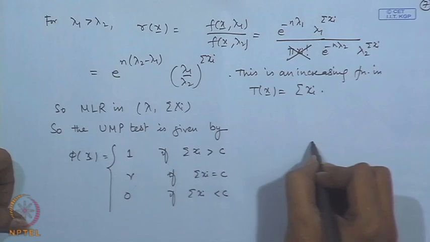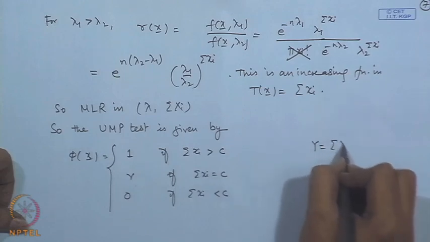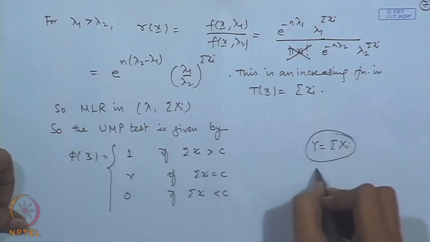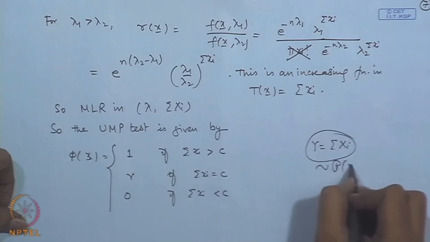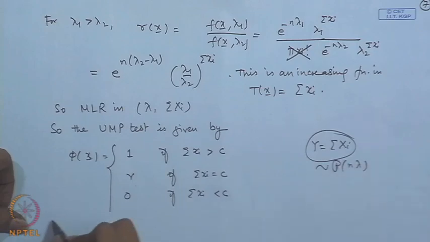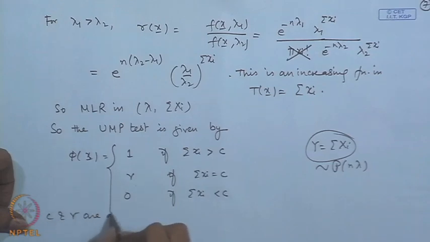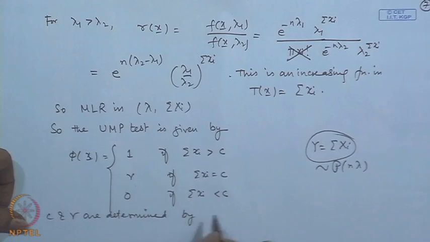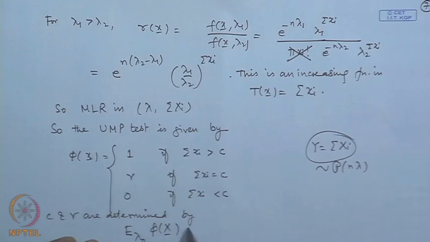Now, let me write Σxi as y, then that will follow a Poisson(nλ) distribution. Now, c and γ are determined by the condition that the expectation under λ0 of φ(x) is equal to α.